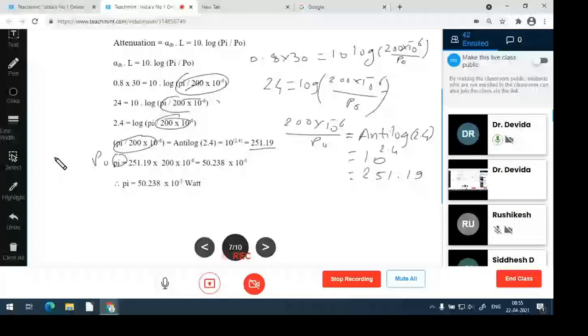Now q is taken on this one side and 251.19 is taken on the other side.